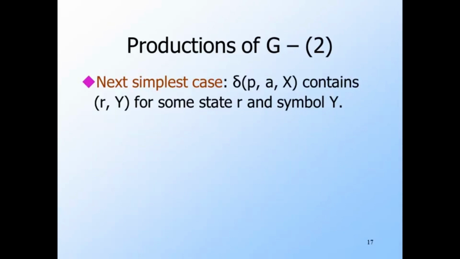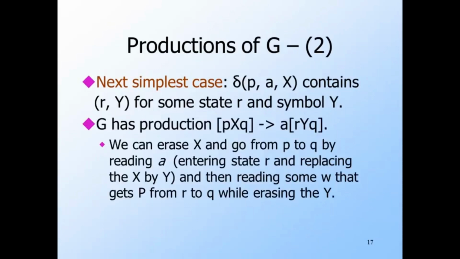The next simplest case is when a move replaces X by a string of length 1, say Y. Suppose that move also changes the state to R. Then there is a production [pXq] goes to A[rYq]. That is, one way to pop X while going from state P to state Q is to read input A, going to state R and replacing the X by Y at the top of the stack.